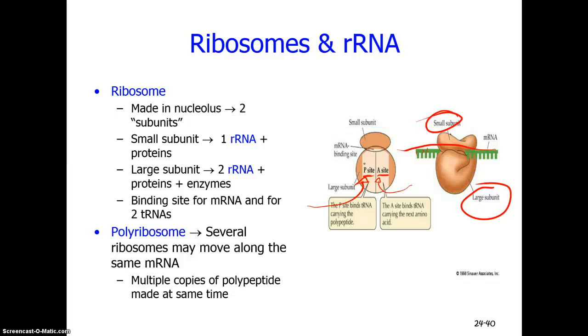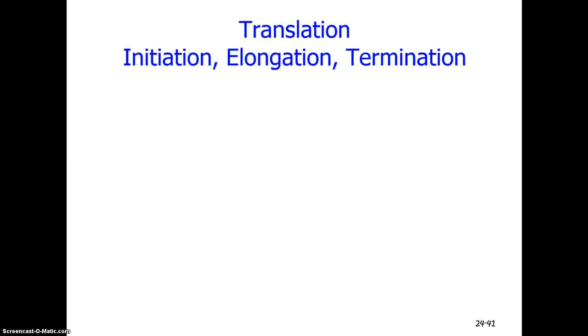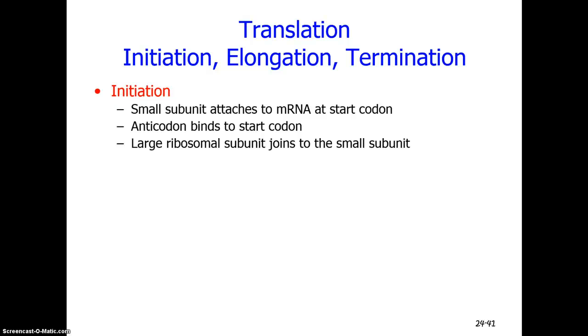So they're going to have multiple polypeptides being created at the same time, and as soon as that start codon is available, another ribosome is able to bind to it and start translating right behind it.